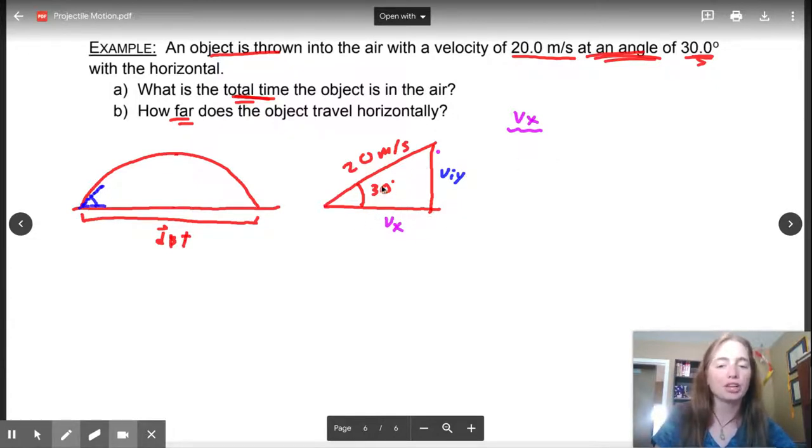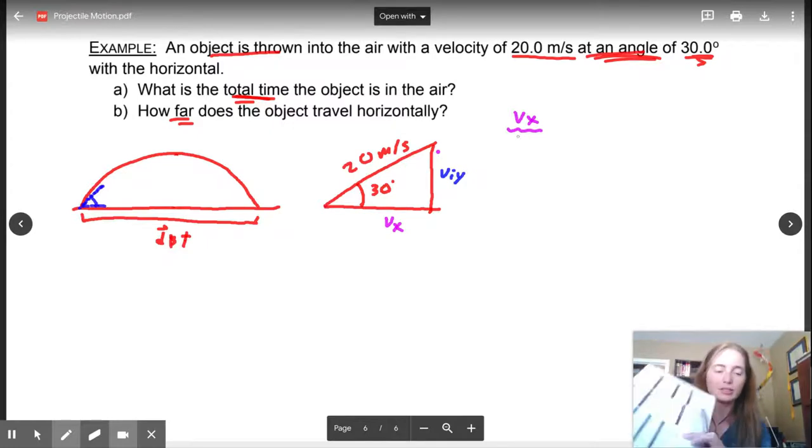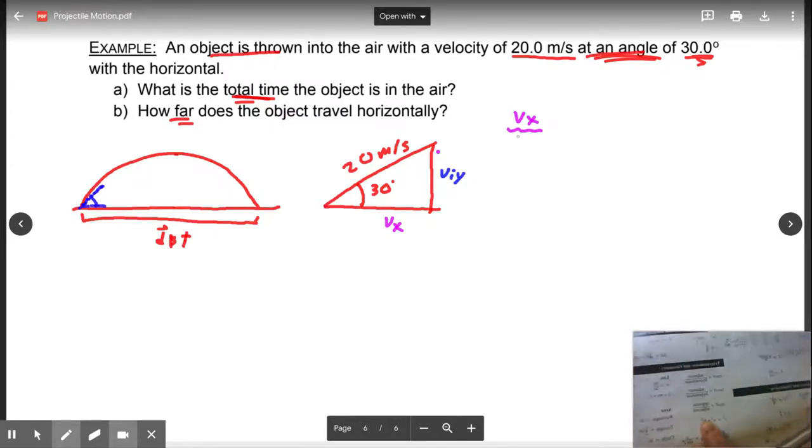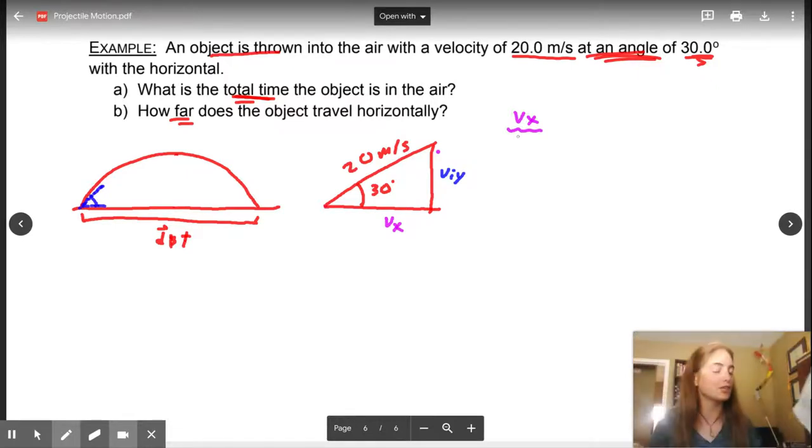Well, this is adjacent to the 30, so we're going to use cosine. And as a reminder, ladies and gentlemen, you don't have to memorize sine, cosine, tangent. That is all there under the trigonometry and geometry section on your data sheet.